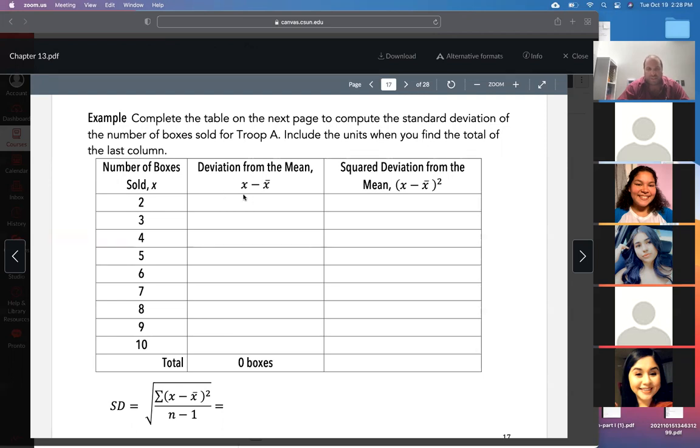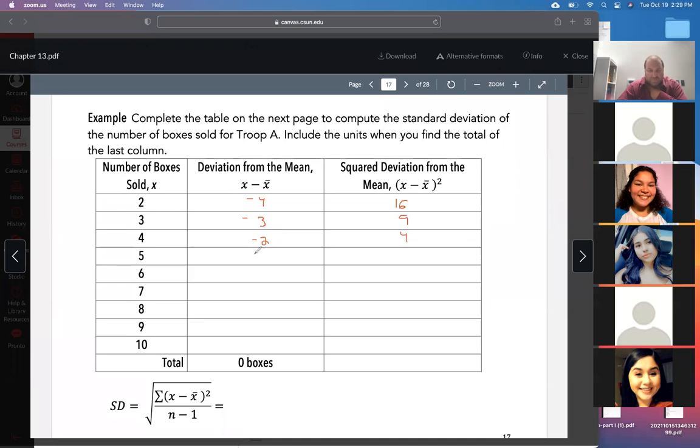Now, what's the first deviation? What is 2 minus 6? -4. And what is its squared value? 16. What is 3 minus 6? -3. Its squared value? 9. Next, -2, its squared value 4.